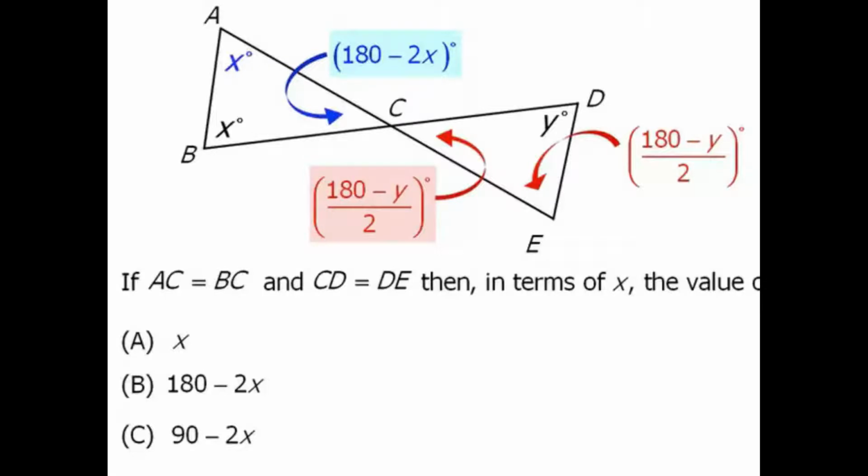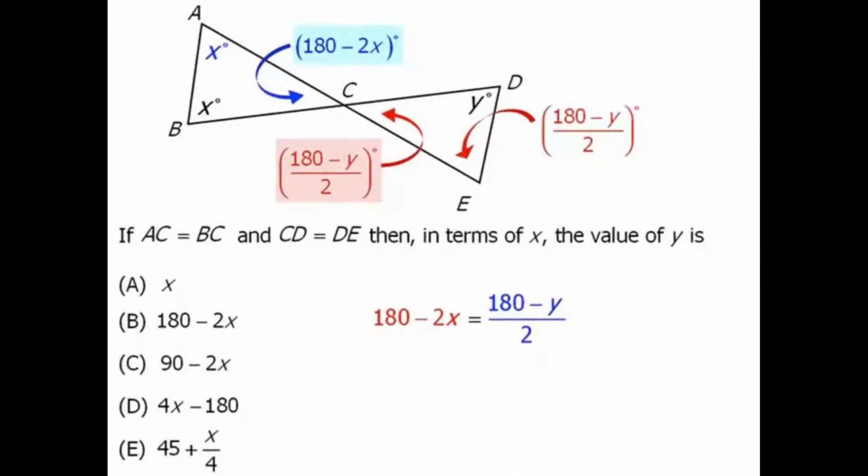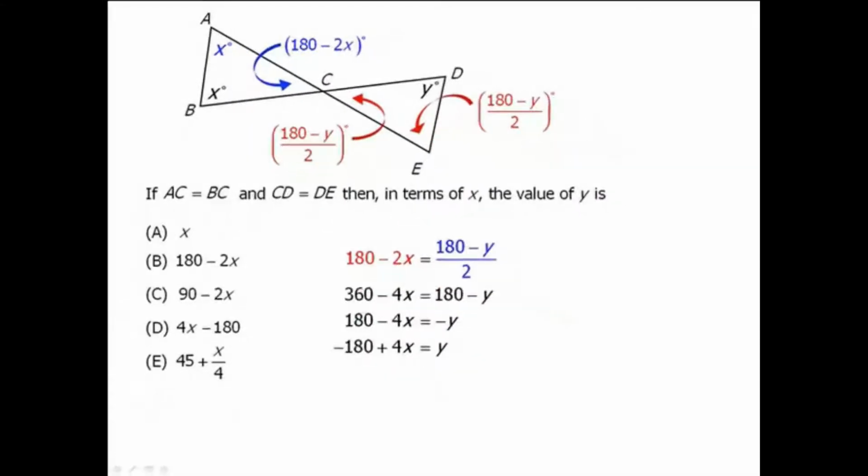As such, these two angles must be equal. So we'll set them equal to each other in this equation, and now we'll solve this for y. First, we'll multiply both sides by 2, and now we'll subtract 180 from both sides. And finally, we'll multiply both sides of the equation by negative 1. So as you can see, the answer is D.